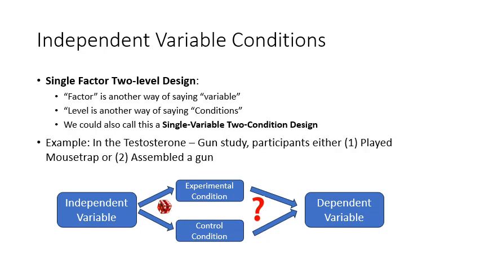This was the case for the testosterone gun study that we talked about last week. Participants either played mousetrap or assembled a gun. Hence, we had one independent variable, the activity in which participants participated, and two conditions or levels.